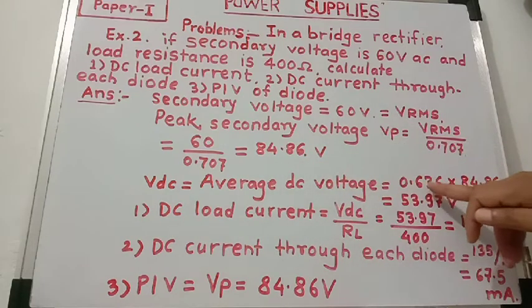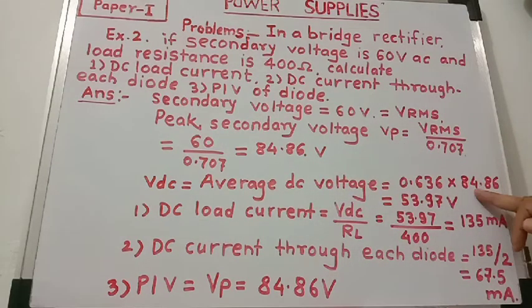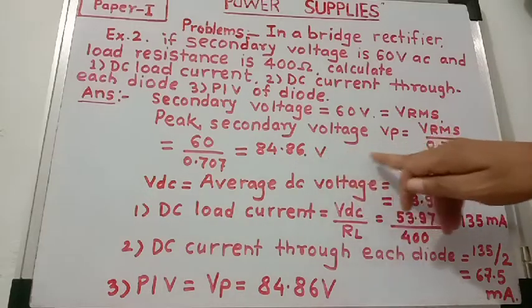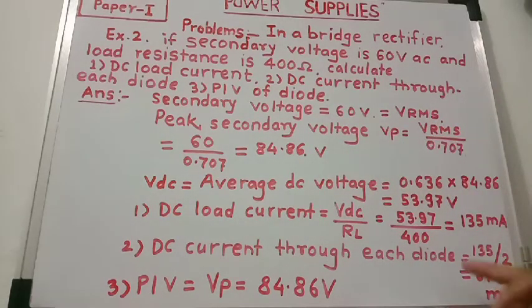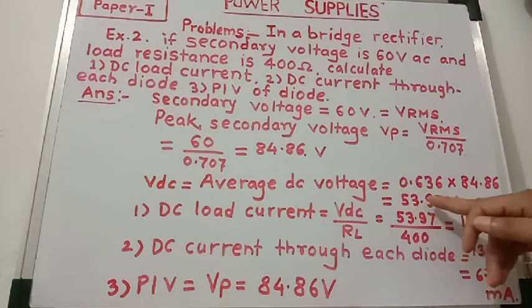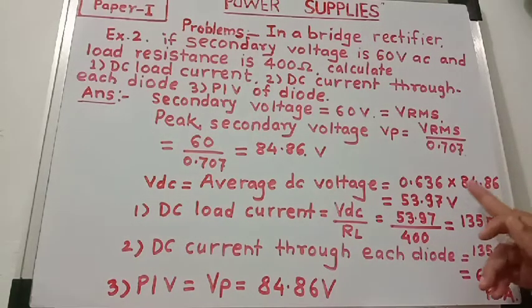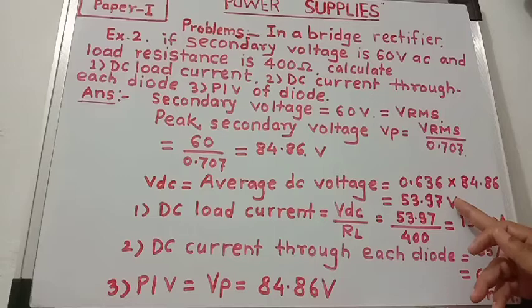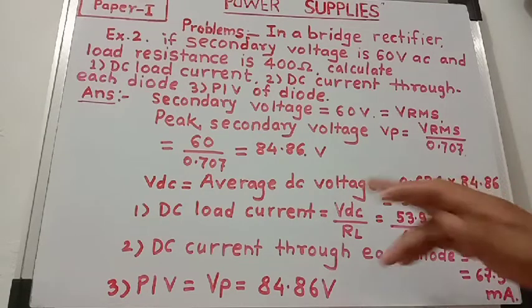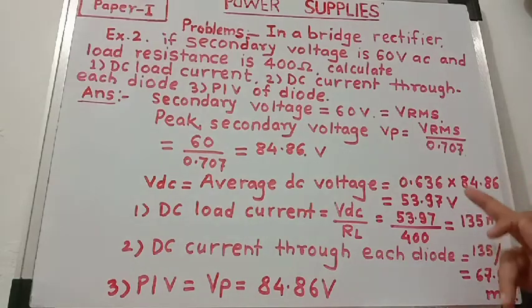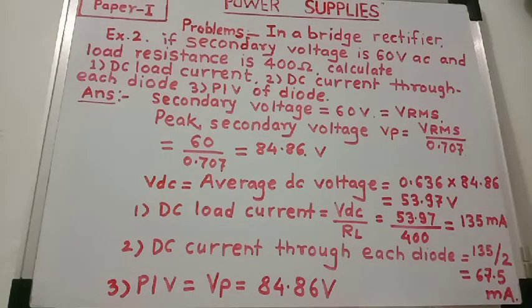So 0.636 into 84.86 is equal to 53.97 volt. This is the DC output voltage of the bridge rectifier.